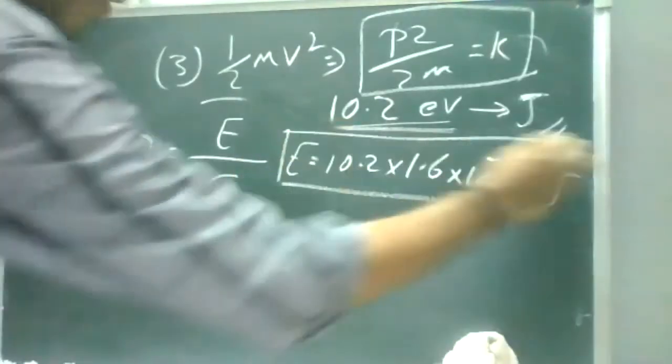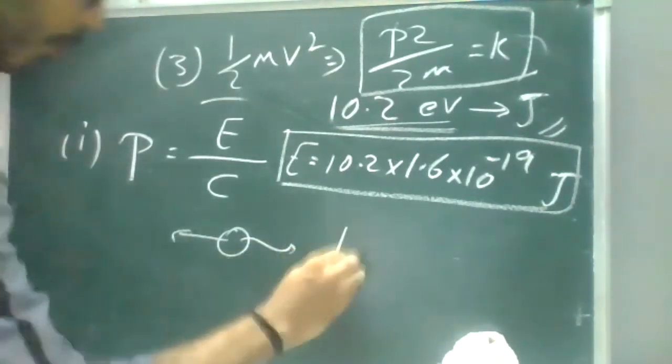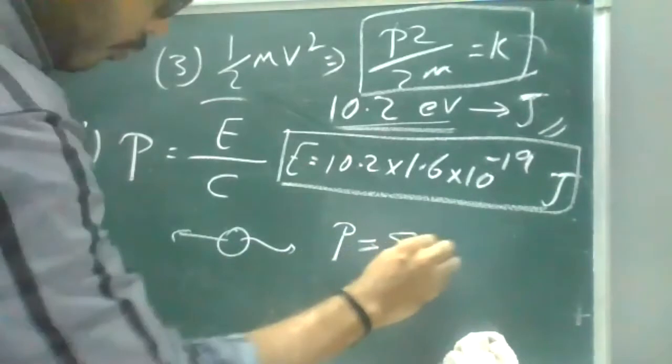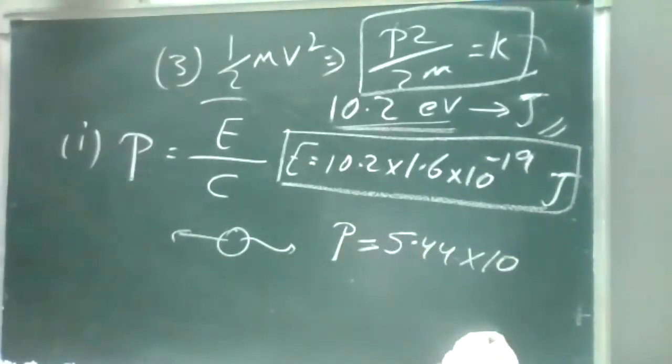5.44. What is the power term? Minus 27. So momentum P is equal to 5.44 into 10 power minus 27.